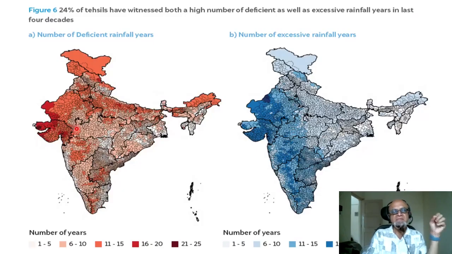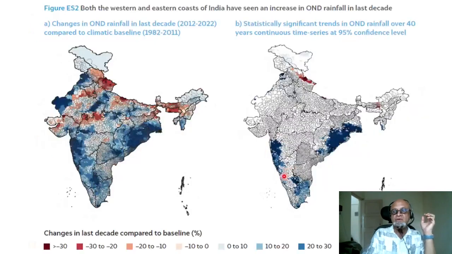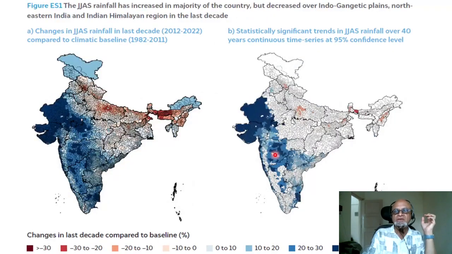So this means there is a mix of deficient years and excessive years, especially in some regions like the northwest, central, west, northwest here, and peninsular India on the eastern side of the Western Ghats, which also got some rain during OND as well as during JJAS.